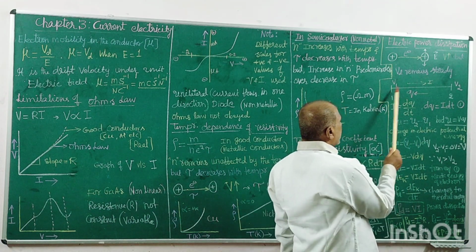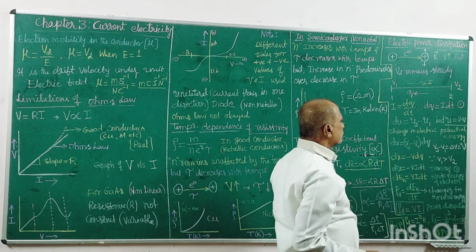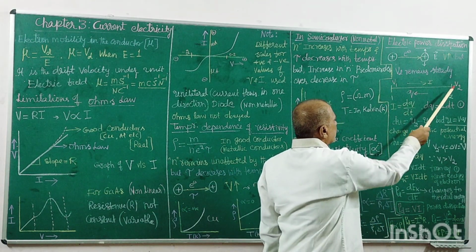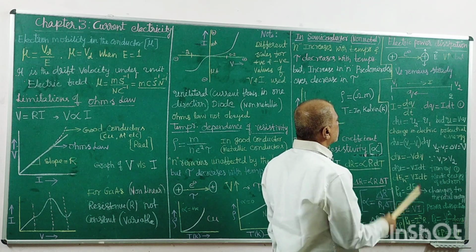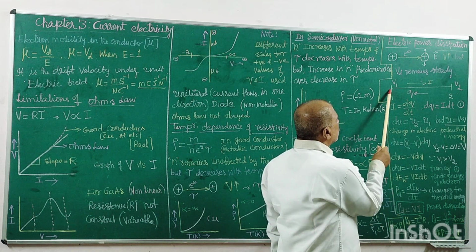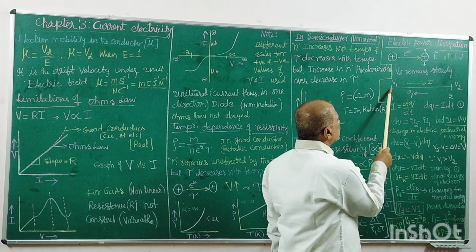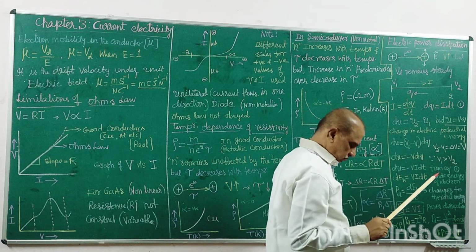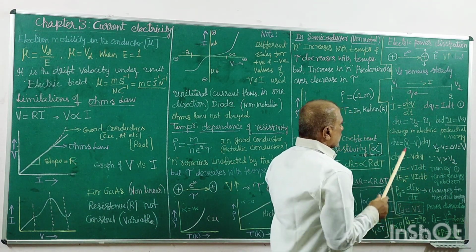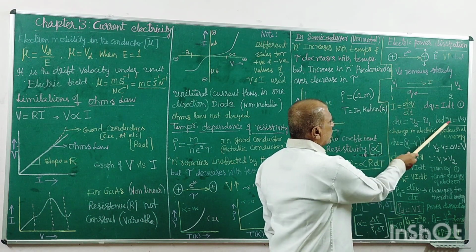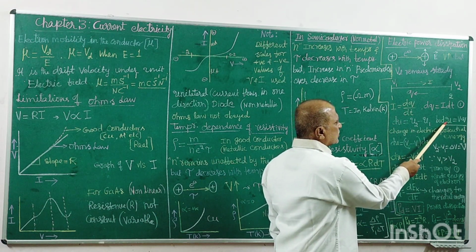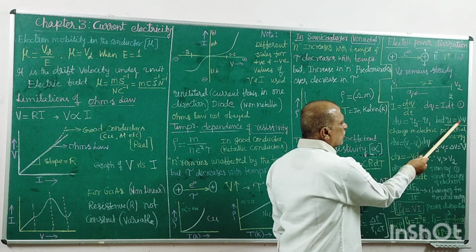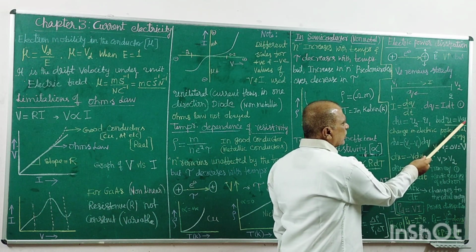This is the initial point and the final point. Let us estimate the electric potential energy at this point. Electric potential energy U is equal to electric potential into charge.